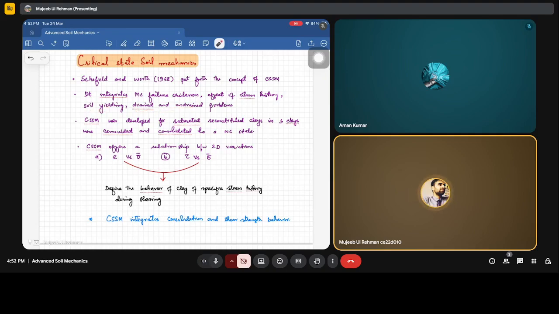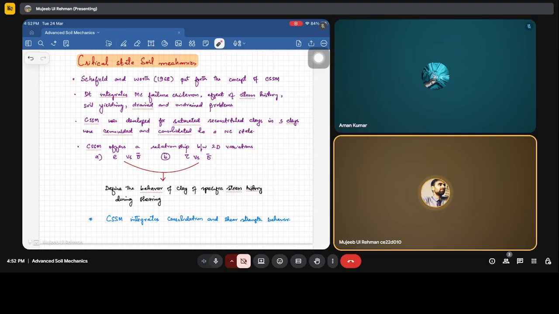And one more point which I forgot to tell: in the Mohr-Coulomb failure criteria, we have separate sets of relationships. We used to define different stress-strain behaviors for the drained and undrained cases for NC and OC states.